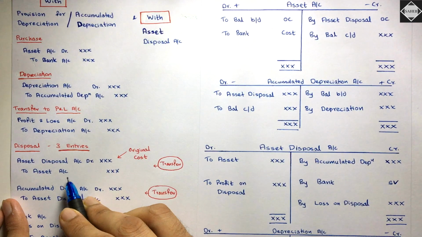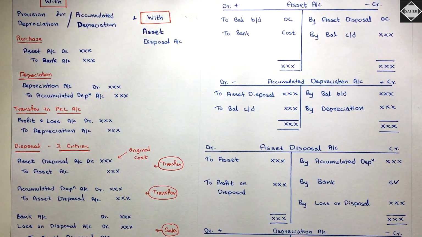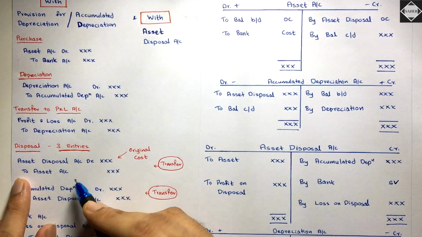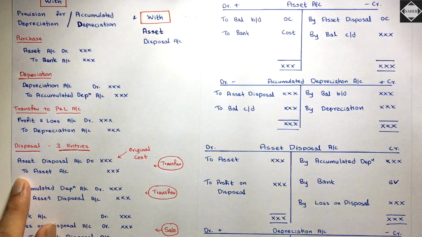Now you will wonder, what's the logic of this entry? It's really simple. Understand. You are reducing the asset. Asset has a debit balance. If you are reducing the asset, then what should happen from the accounting perspective, whether you will debit or credit it? Asset has a debit balance, so you will credit the asset account. Asset value is reducing and it's going to asset disposal.